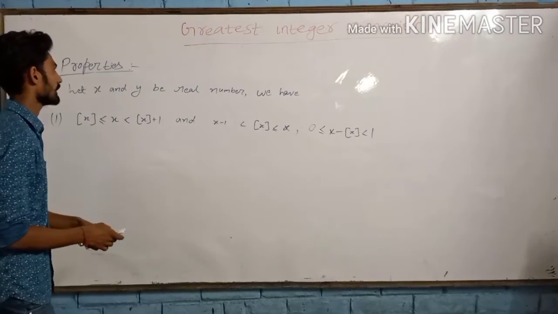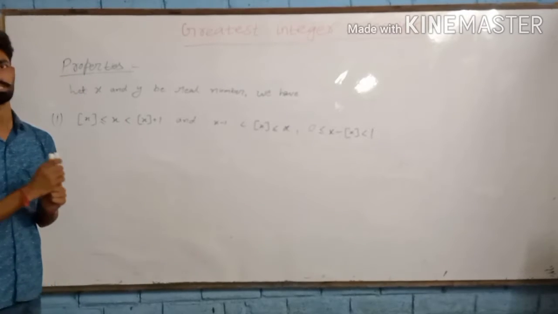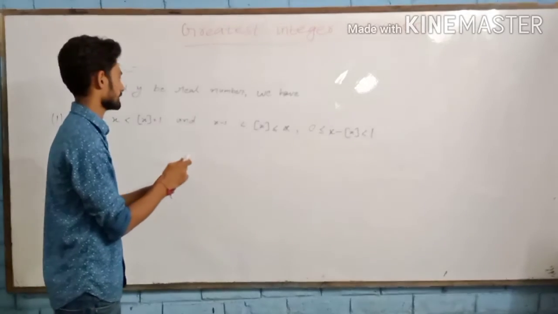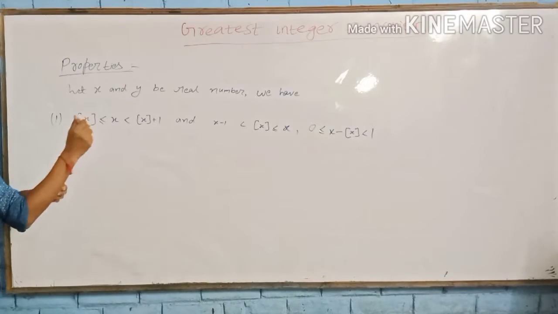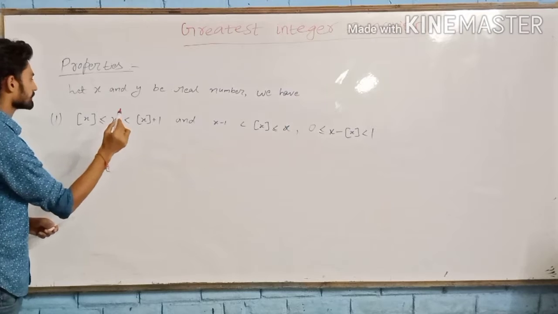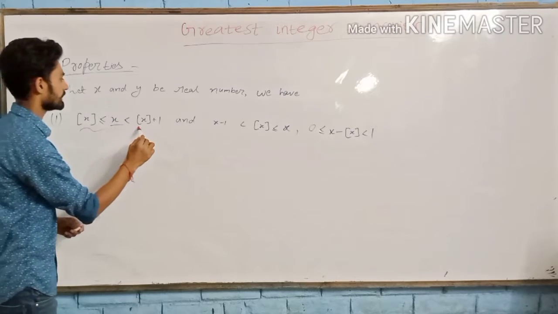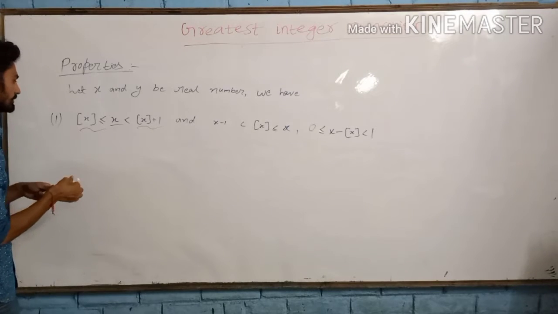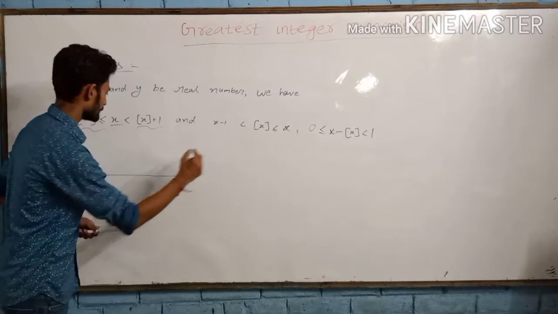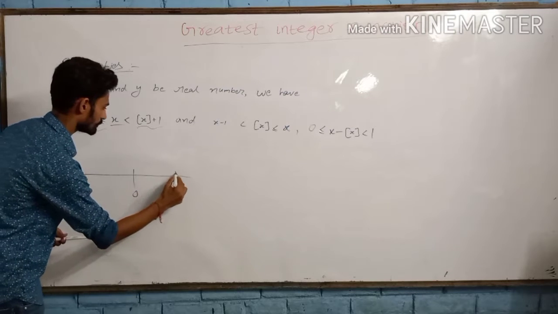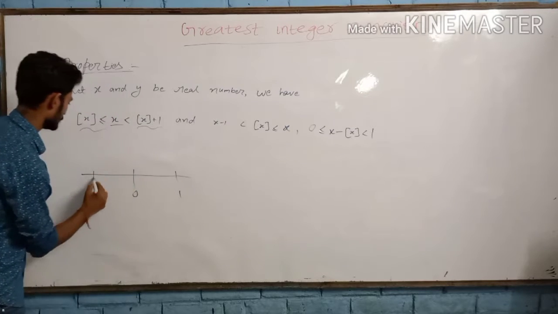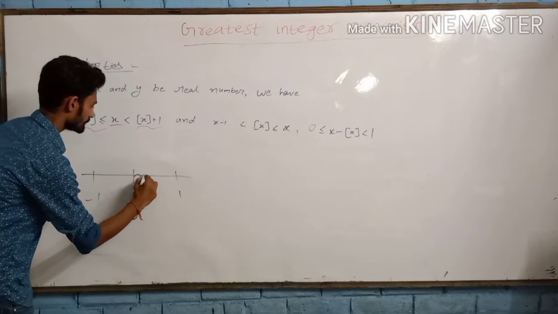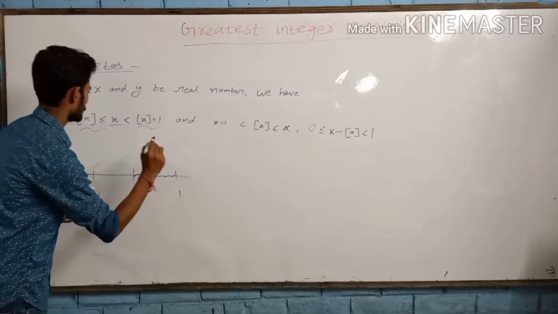Now we are moving further to the properties of greatest integer function. Let x and y be real numbers. Then we have x greater than or equal to box x and less than box x plus 1. Let's see. Here is the number line. This is 0, this is 1, and this is -1. Let's assume x lies between 0 and 1.